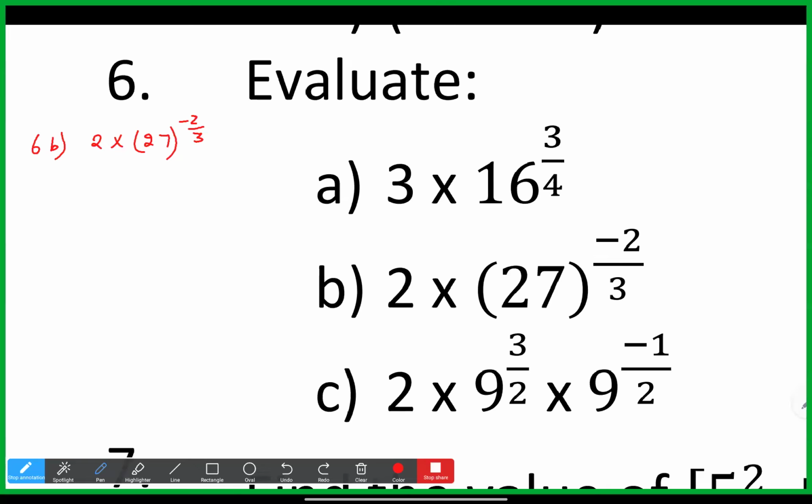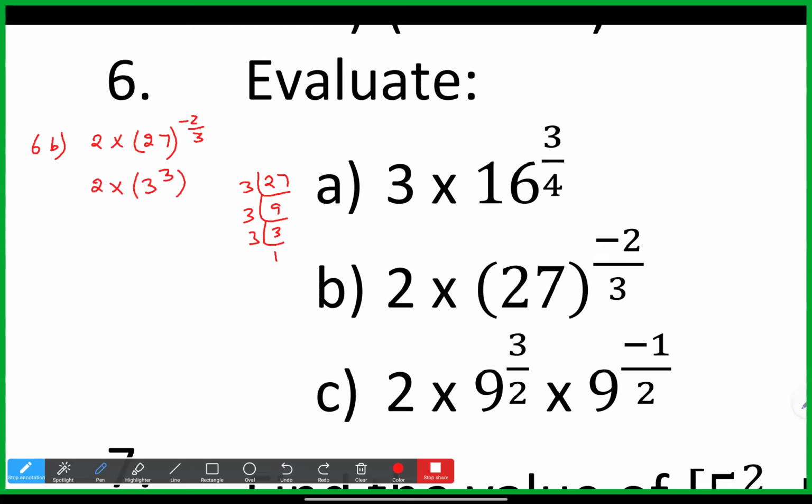So what is the prime factorization of 27, Ishwa? Sir, 3 table 9, and again 9 is 3, 3 is 3, 1. So the answer is 3 cube.